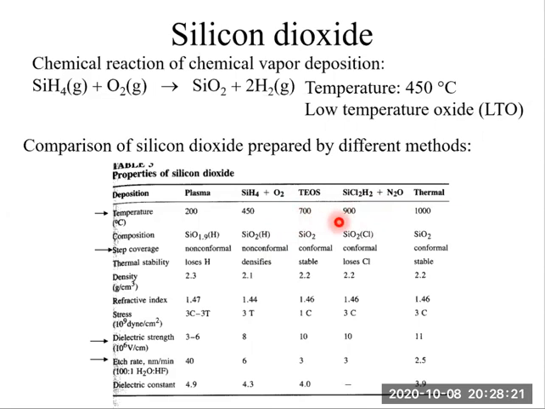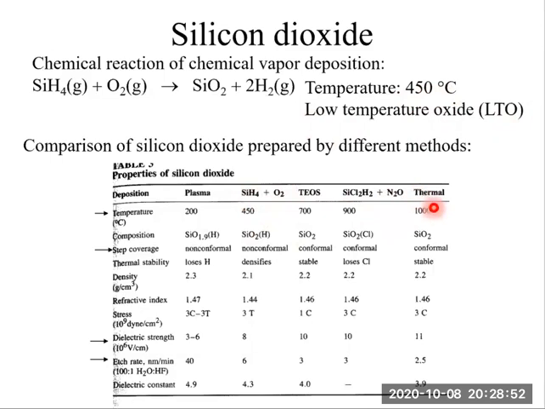So compared to these two CVD processes, this silane plus oxygen reaction has a lower temperature. That's the reason we call this low temperature oxide. Even though its deposition temperature is 450 Celsius, it's pretty high, but it's lower than the other two processes.